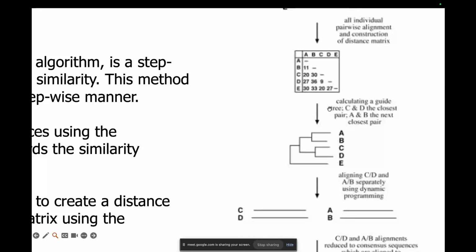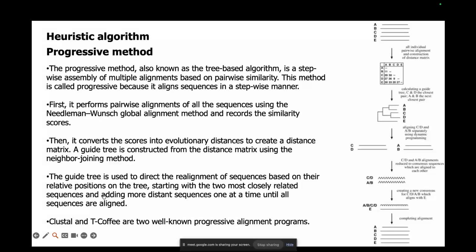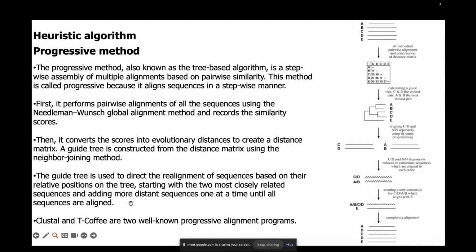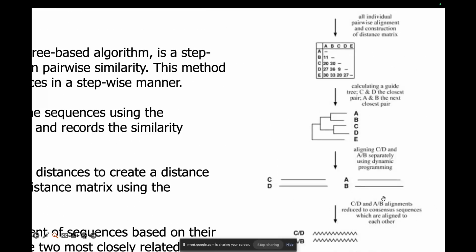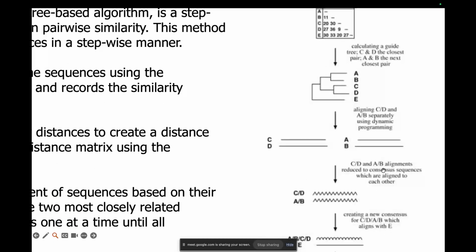Now after this is built, when you have found which two sequences are more similar than the others, you identify closely related sequences based on the positions and try to align them separately. So A and B you align separately here, C and D you align separately, and after these alignments they reduce to consensus sequences which are aligned to each other.